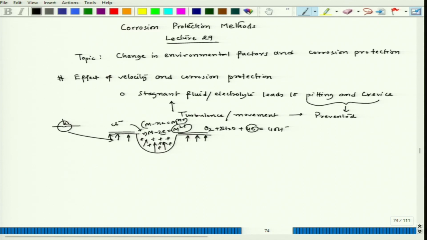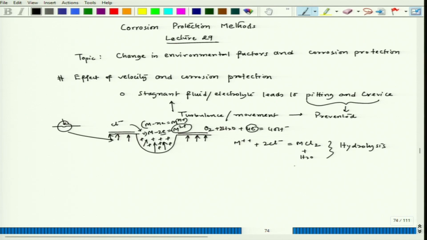If you look back at our previous discussion, you can see why chlorine ion comes here, because chlorine ion has a higher mobility. So, that is why chlorine ion comes here, and then it reacts with this metal ion and forms metal chloride, and this metal chloride later on reacts with H2O, or we call it hydrolysis.